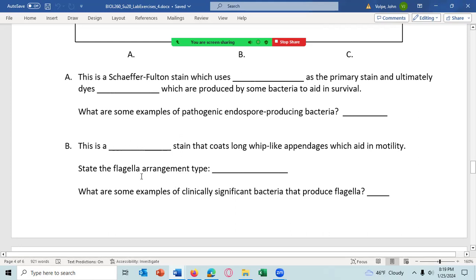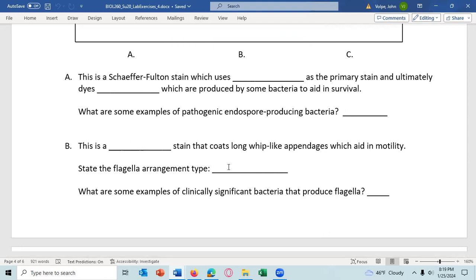For question B, this is a something stain that coats long whip-like appendages which aid in motility. So what is the stain that shows for a structure that gives the cell motility?